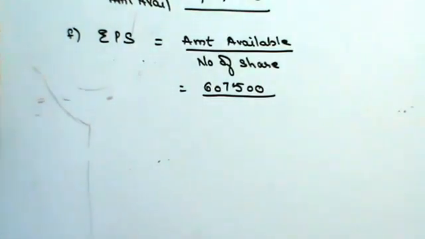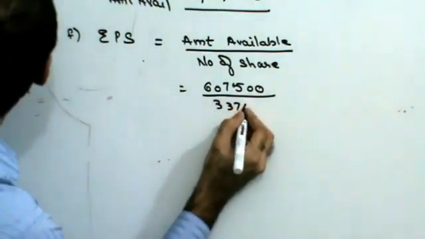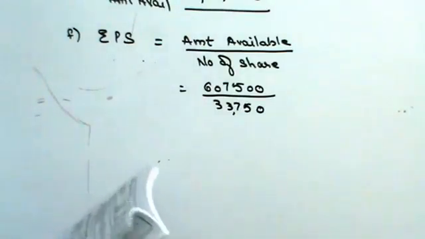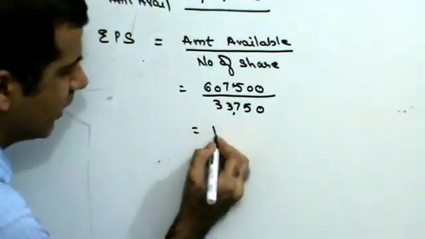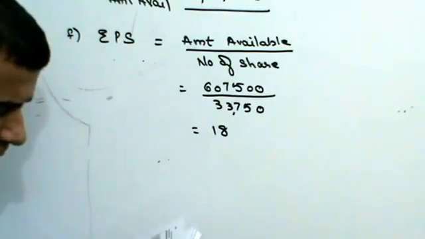Each share is of 100 rupees. That means the number of shares will be 33,750. How did I get that? That is 33,75,000 divided by 100 will give you 33,750. When you divide this, you will get your EPS as 18. So the earning per share is going to be 18.